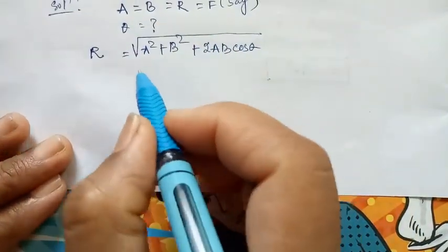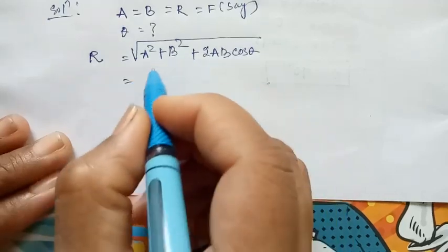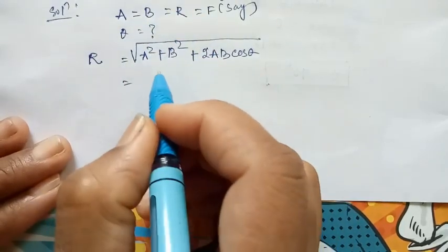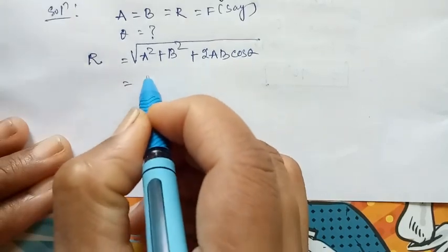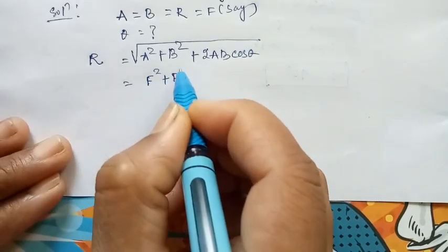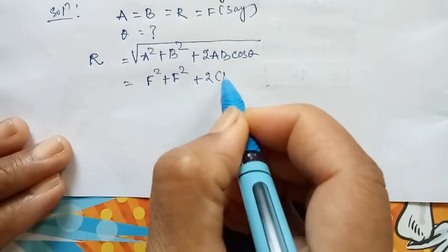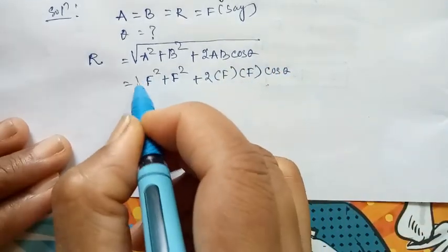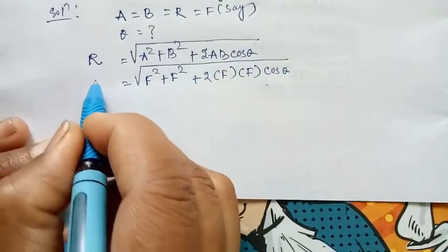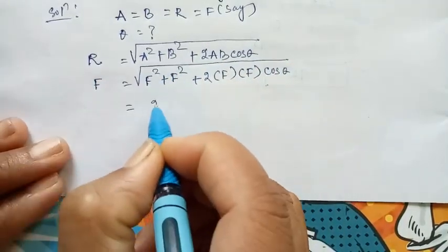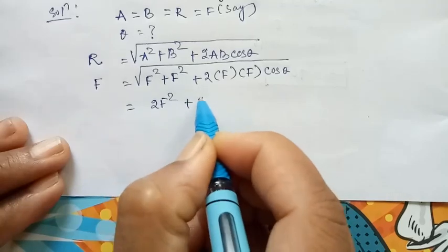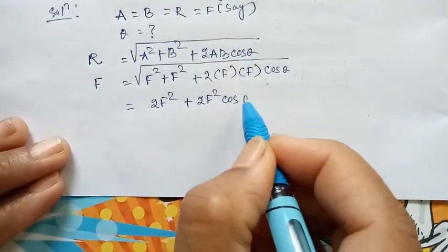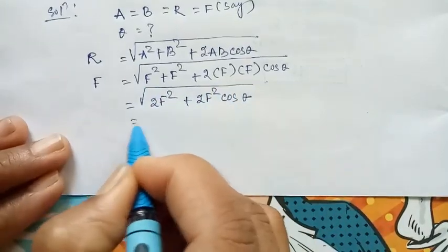So all are equal: A is equal to B, and the resultant is also equal to either of them. So we can write F is equal to root of F square plus F square plus 2 into F square cos theta, that is equal to root of 2F square plus 2F square cos theta.